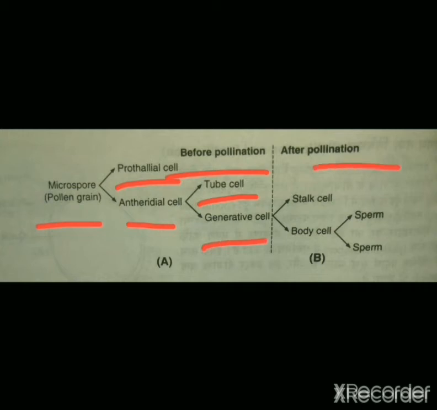After pollination the generative cell divides and forms a stalk cell and a body cell, and the body cell forms two sperms. So this is the development of the male gametophyte.